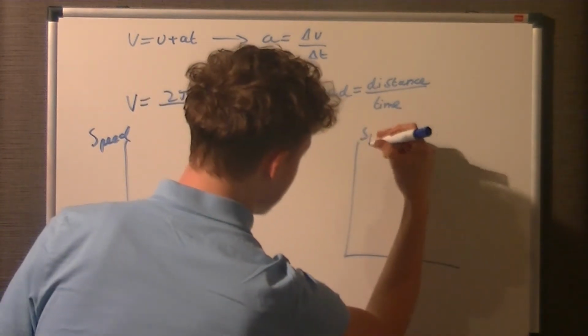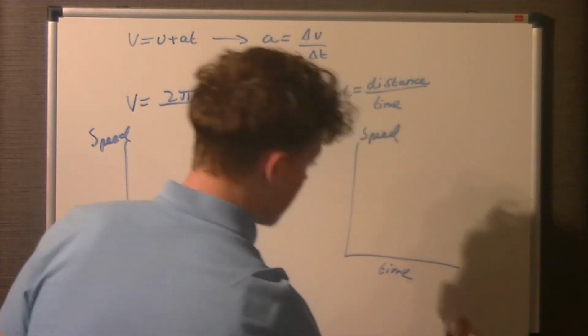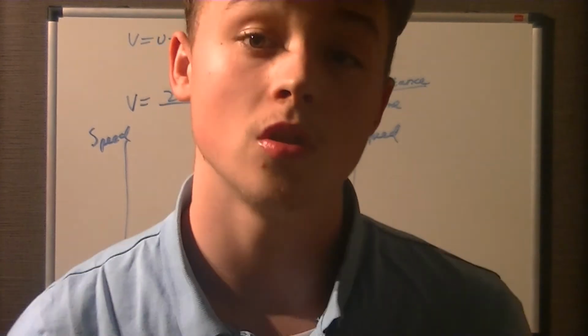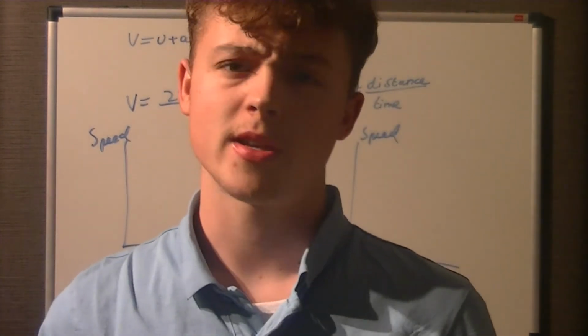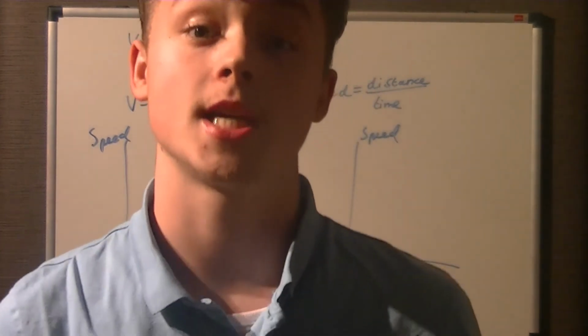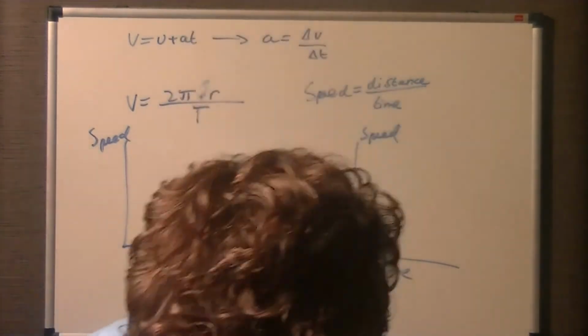Just give me a minute to draw the graph, speed and time. You've got uniform and non-uniform acceleration. Now, uniform acceleration, you may be asking, what is that? Well, uniform acceleration is where the object is at a constant acceleration.